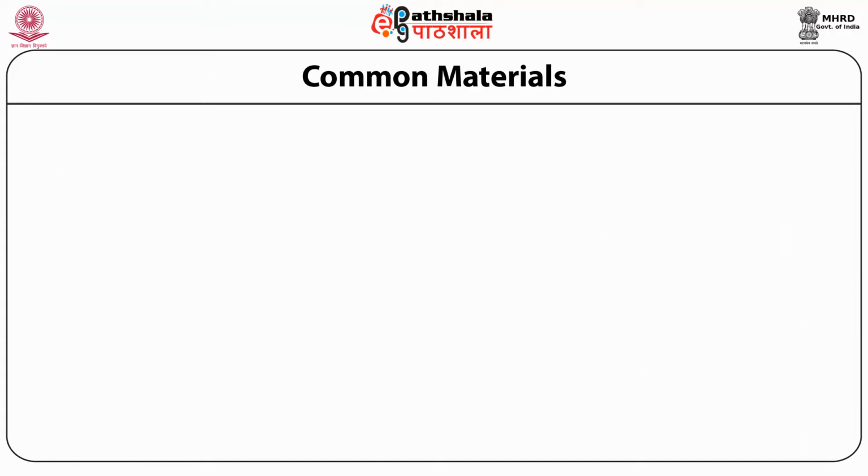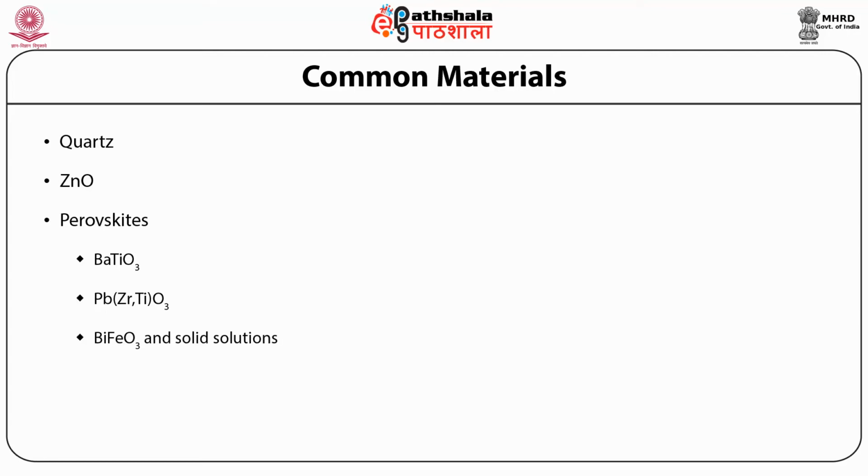Some of the common materials which are piezoelectric are quartz, zinc oxide, that is ZnO, and perovskite structures. Among perovskite structures, some examples are barium titanate, that is BaTiO3, lead zirconium titanate, that is PbZrTiO3, bismuth ferrite BiFeO3, and some solid solutions.